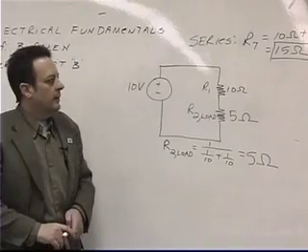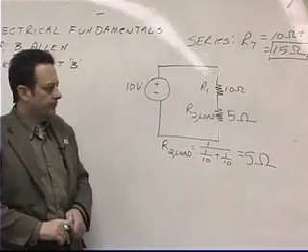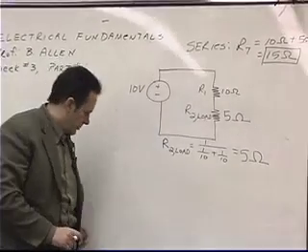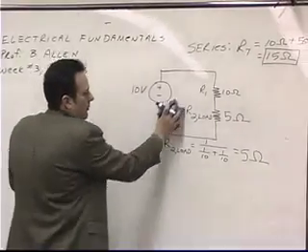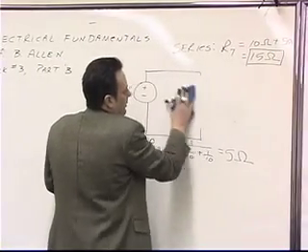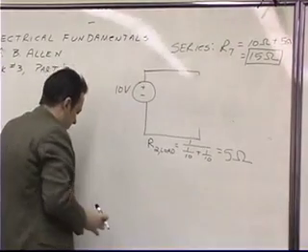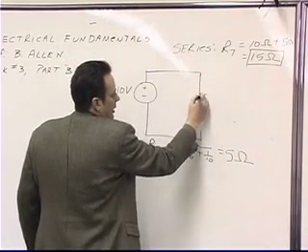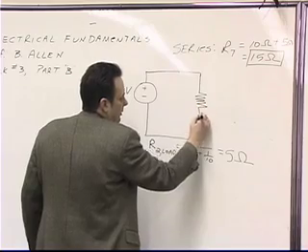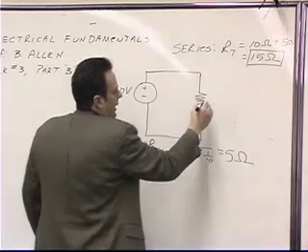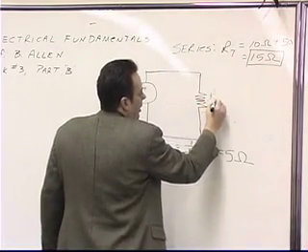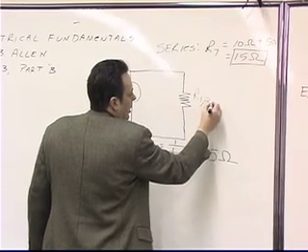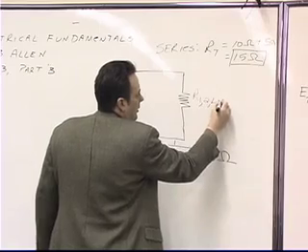Okay? Now, if I erase all of those resistors and replace it with one total resistor, then I could call that R1, 2, load.